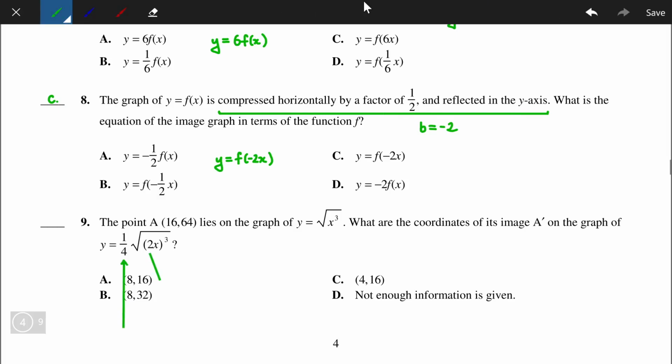So the 1/4 is going to be a vertical stretch by a quarter. And then the 2 is a horizontal stretch by half.